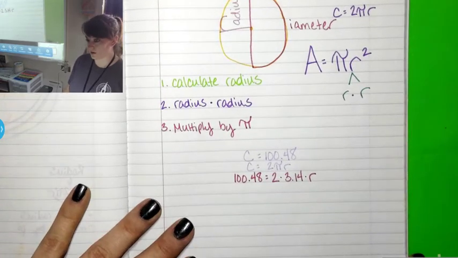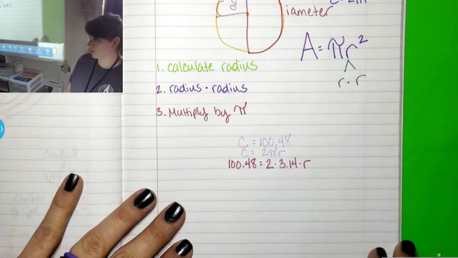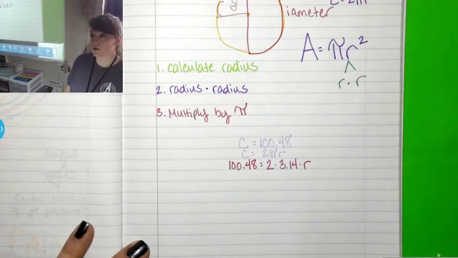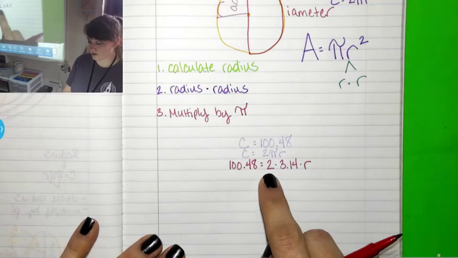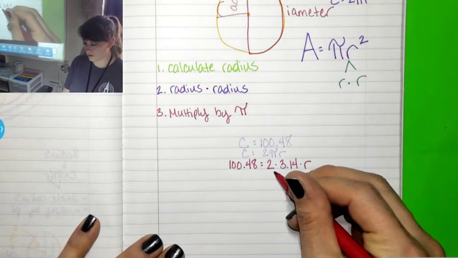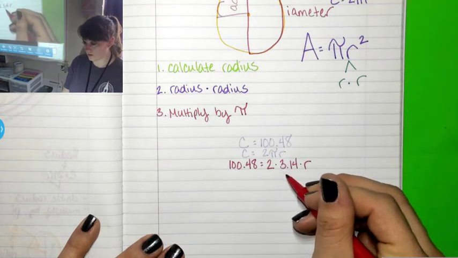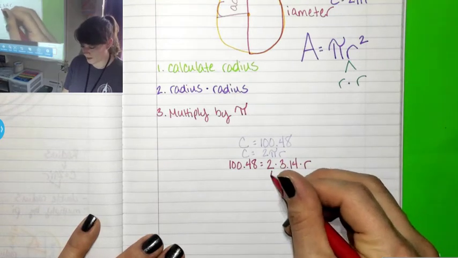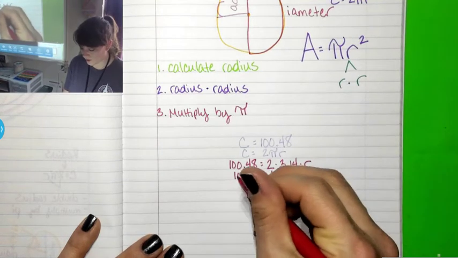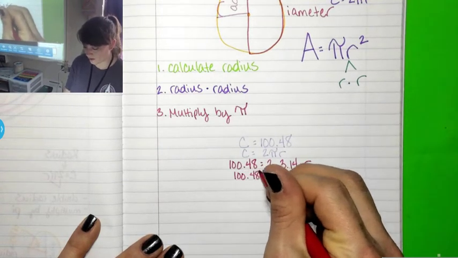Yeah, multiply 3.14 times 2, which is 6.28r equals 100.48.